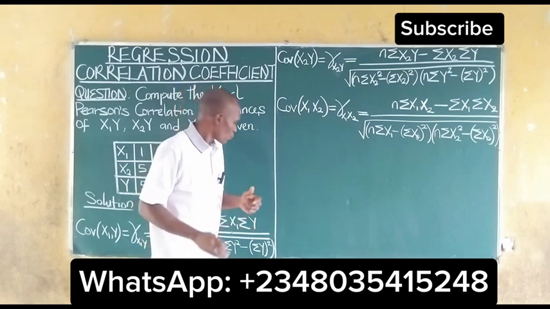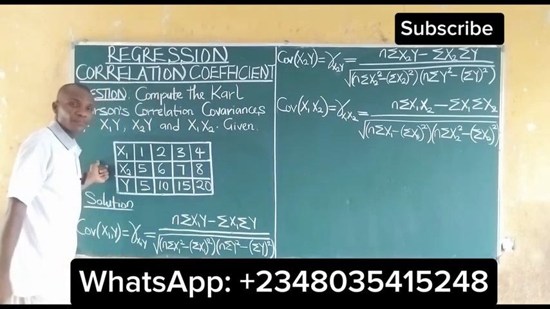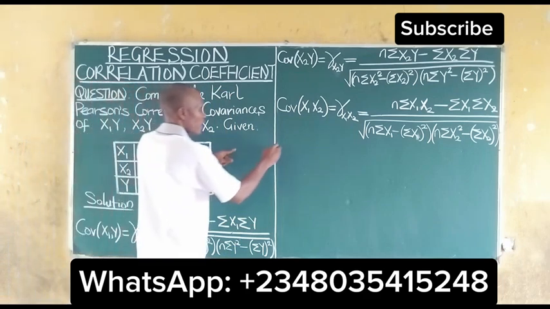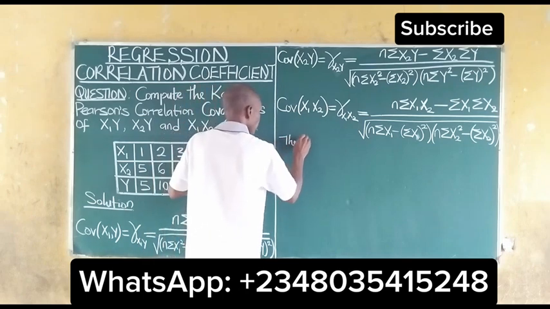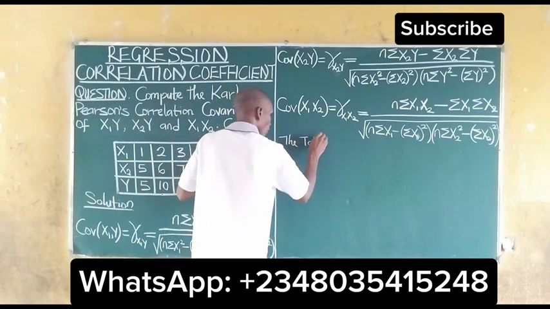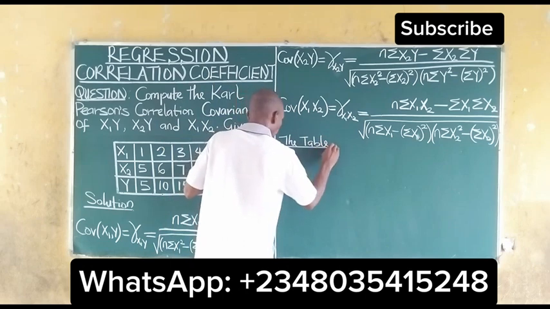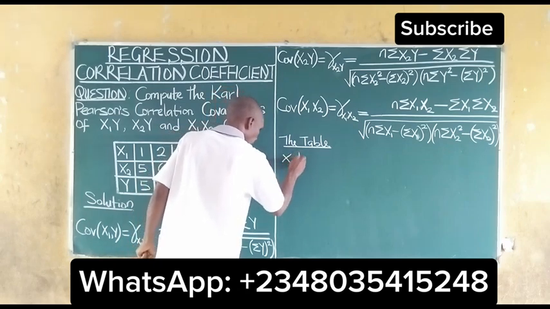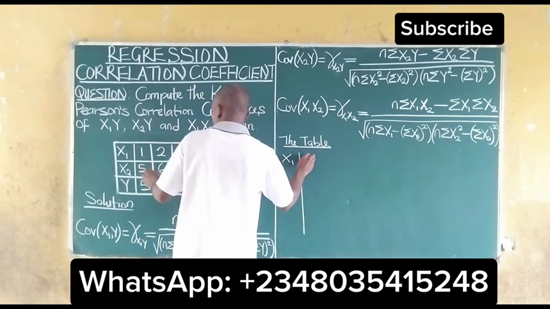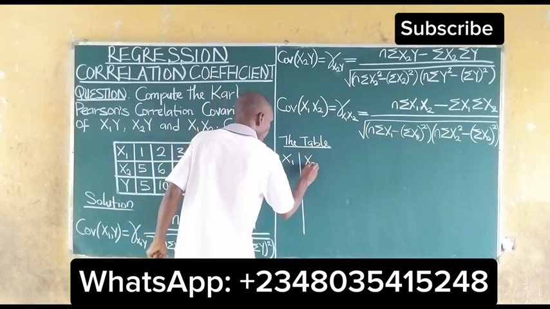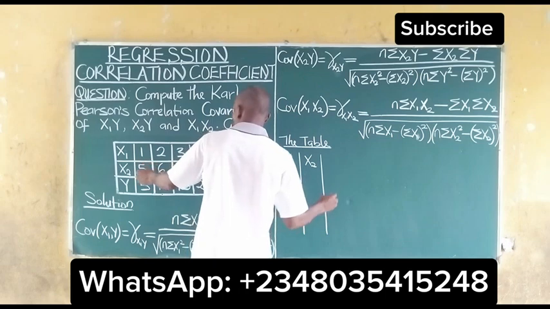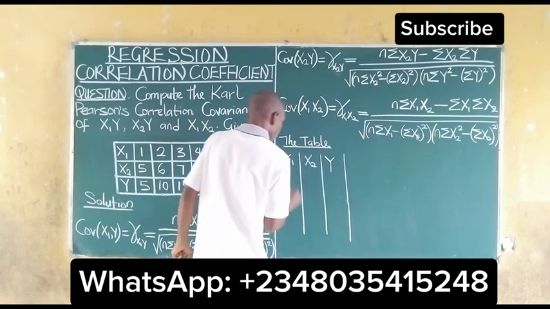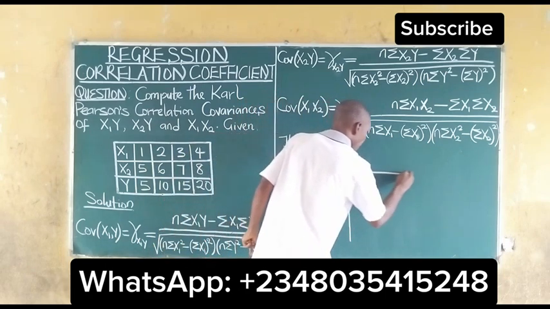The next thing to do is to write out the table properly. So we come over here, the table. We have x1, we have x2, and we have y. So we rule our line.